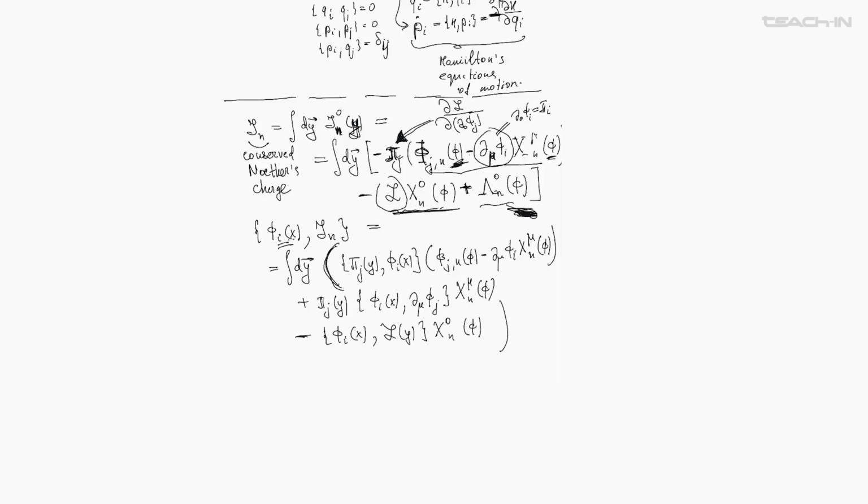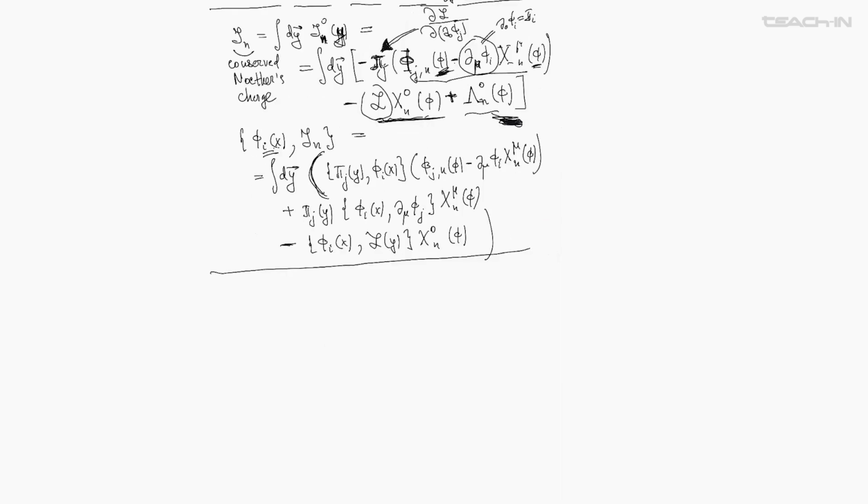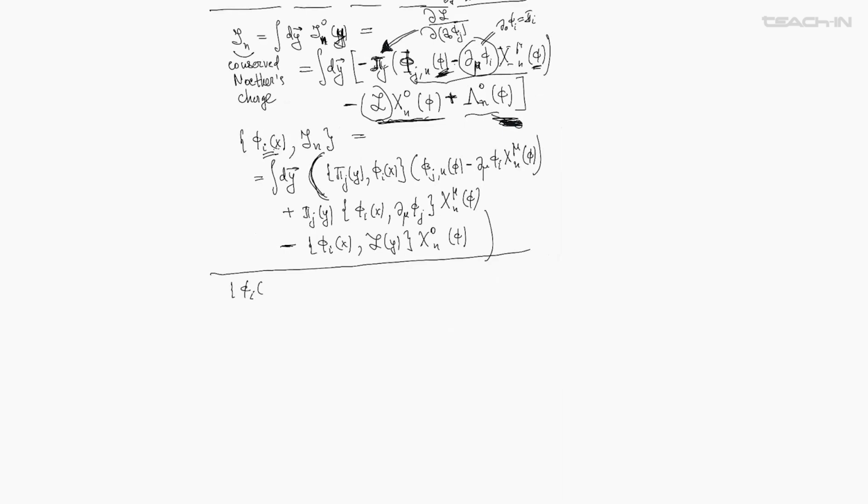Okay, so if this is understandable, what I will do next, I will compute the Poisson bracket of phi^I on x with the Lagrangian density. And how can I do this? I know that the Lagrangian density is a function of phi and the derivatives of phi. And therefore, I can, by the Leibniz rule, differentiate the Lagrangian with respect to phi, and then have a bracket of phi with phi, but this is 0.